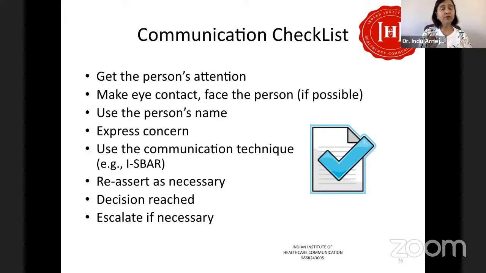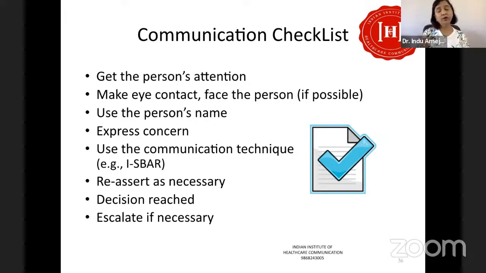So first of all, when you're talking about any patient, get the person's attention, make eye contact, face the person, especially if the person is right in front of you. Use the person's name to whom you are talking, express your concern, use these techniques, we are going to talk about ISBAR in a while, and then reassert as necessary, decision reached.